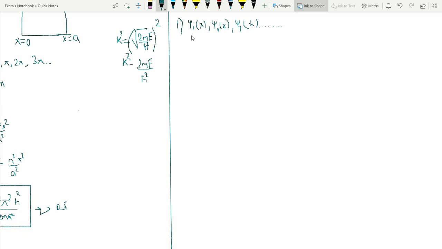So first of all, the first property is that they are even and odd. It means if psi 1x is even, psi 2x is odd, then psi 3x is even.